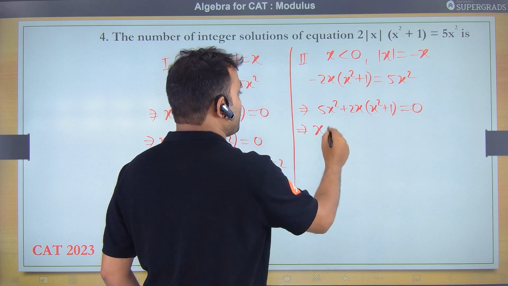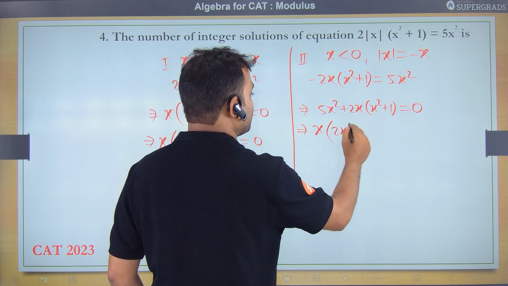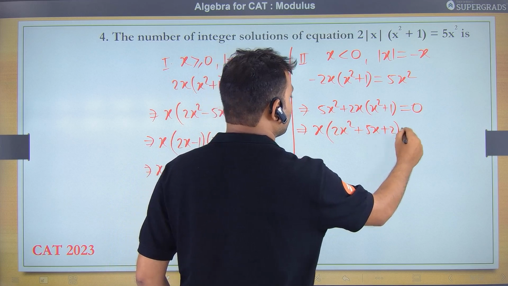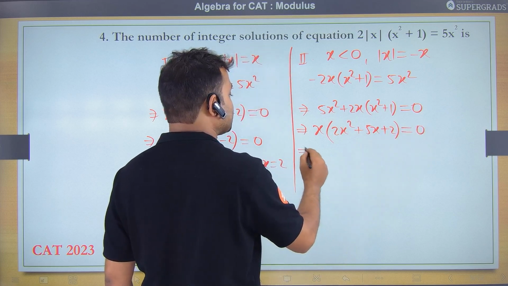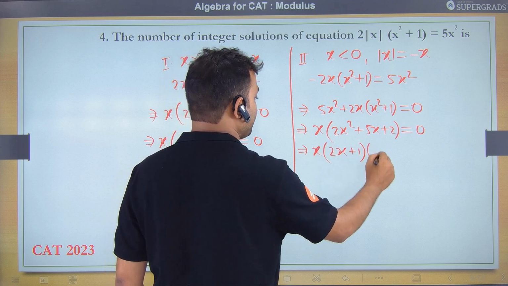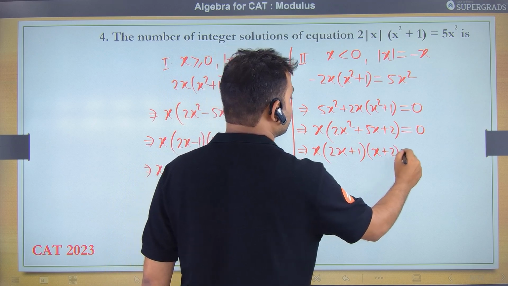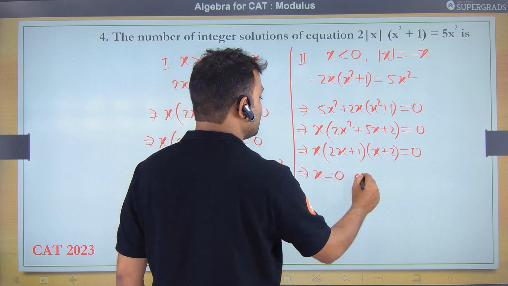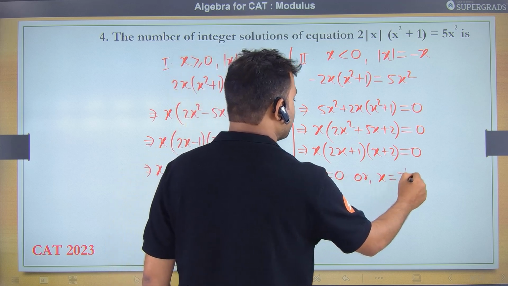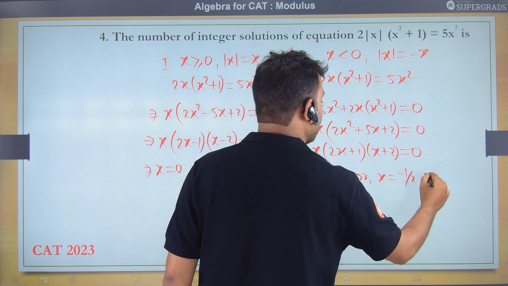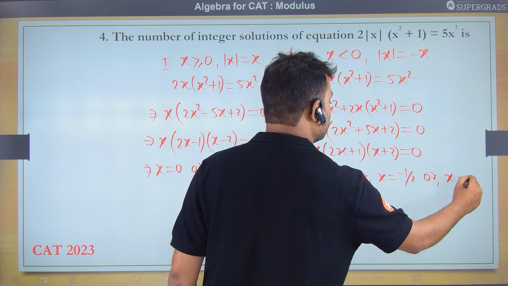Let's take x common. We get 2x square plus 5x plus 2 is equal to 0. Now, this can be factorized as x into 2x plus 1 into x plus 2 is equal to 0. So we are getting x is equal to 0, or x is equal to minus 1 by 2, or x is equal to minus 2.